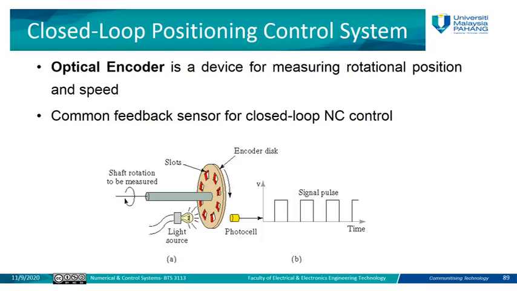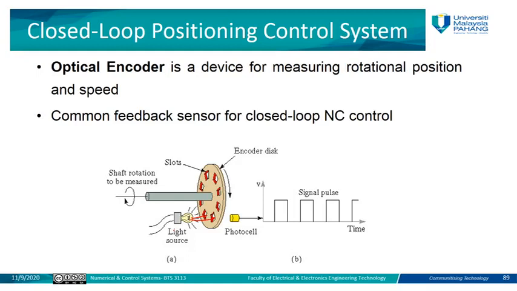How this encoder operates: there is a light source and there is a photocell which receives the light, and when the light goes through these holes or slots, it will touch the photocell and generate a pulse. This pulse will be sent to the controller to be converted into the current position or the velocity of the rotating shaft here.